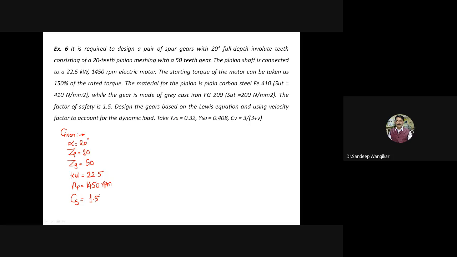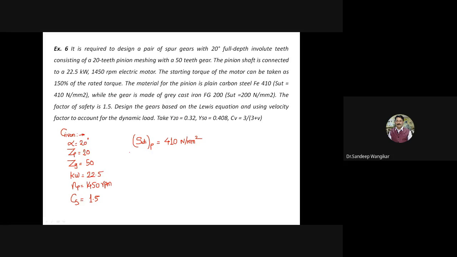The material for pinion is plain carbon steel, so I will write down whose SUT is given. SUT for pinion is equal to 410 Newton per mm square.